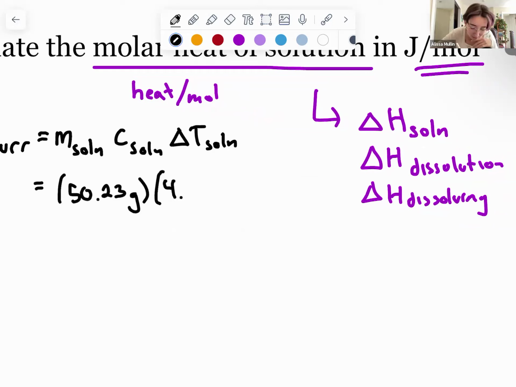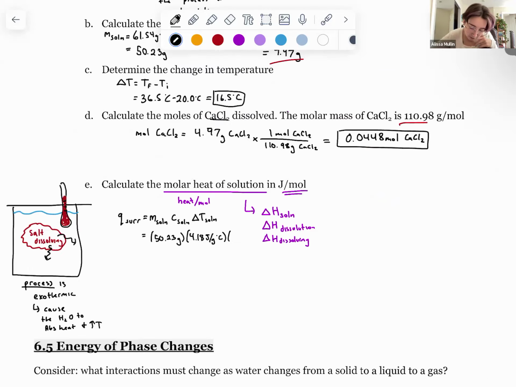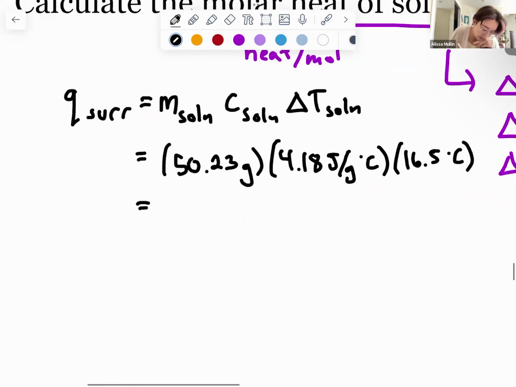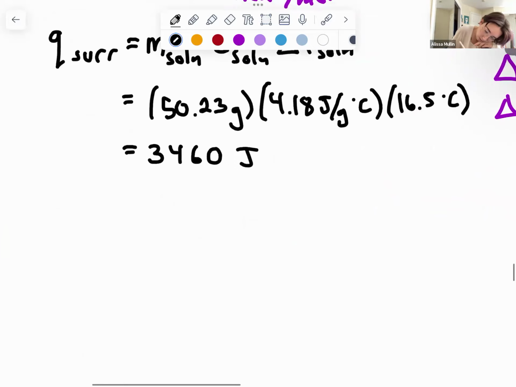So we're just going to call it that. And then we're going to use our temperature change that we saw. That comes out to being 346 joules.